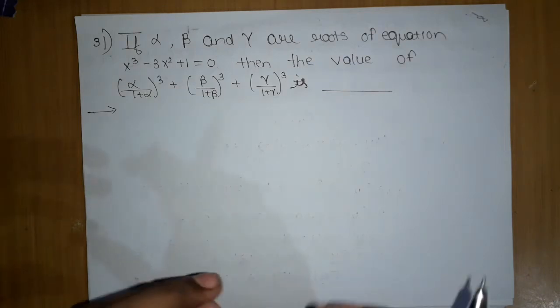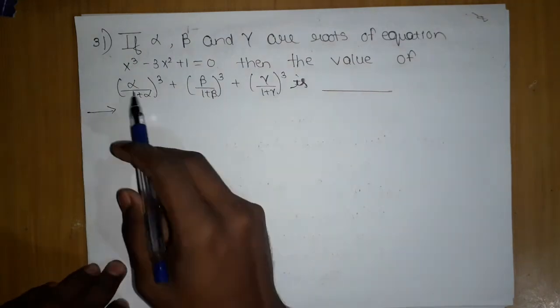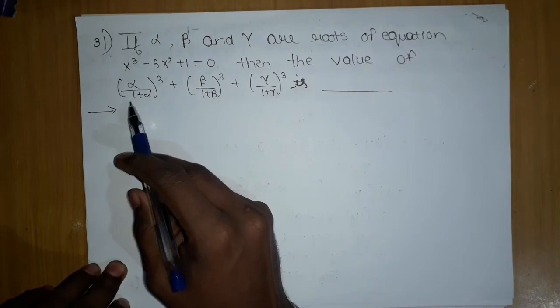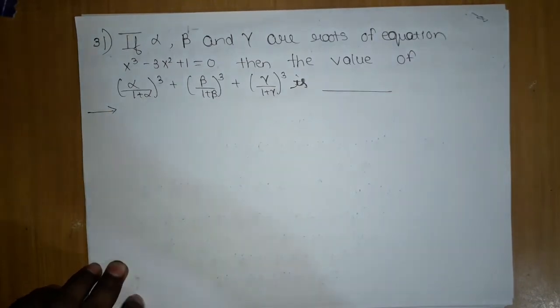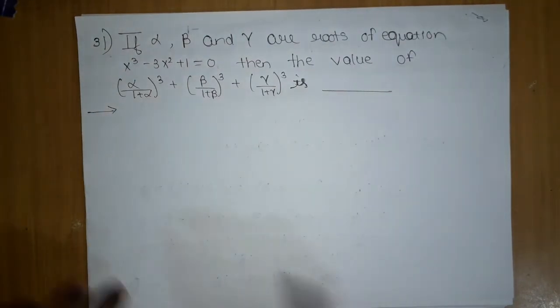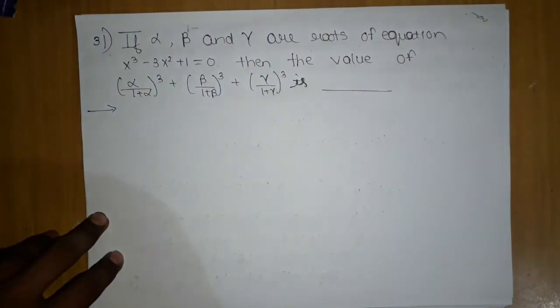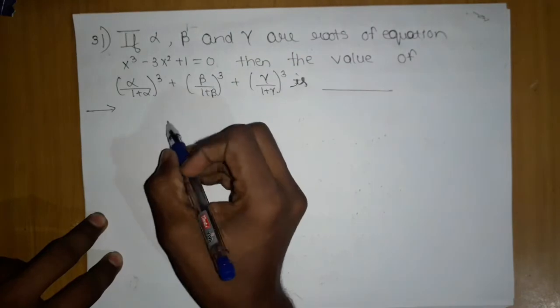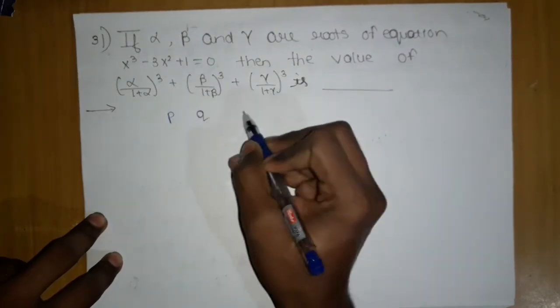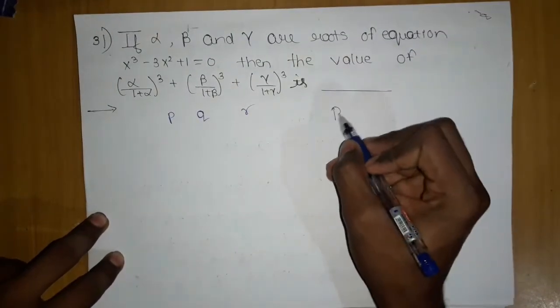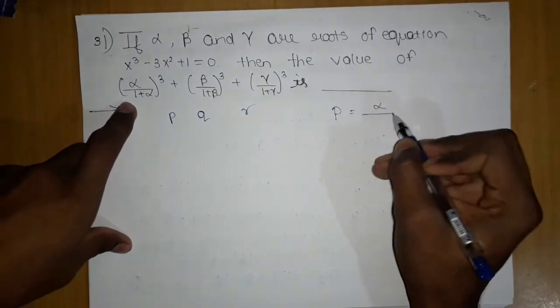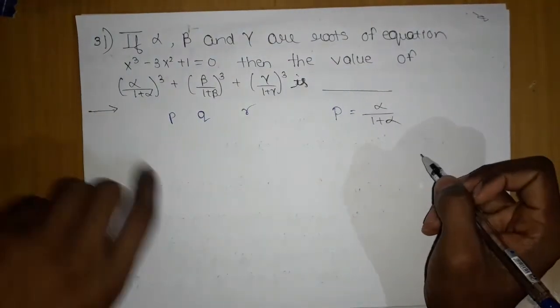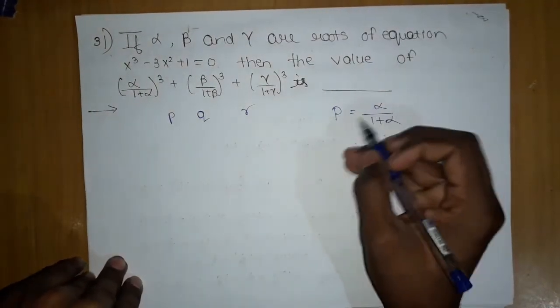Now let's just think what we can do. Let me call the roots of the quadratic equation which has these three as its roots p, q, r. For p, p should be equal to alpha upon 1 plus alpha. So let's calculate alpha.